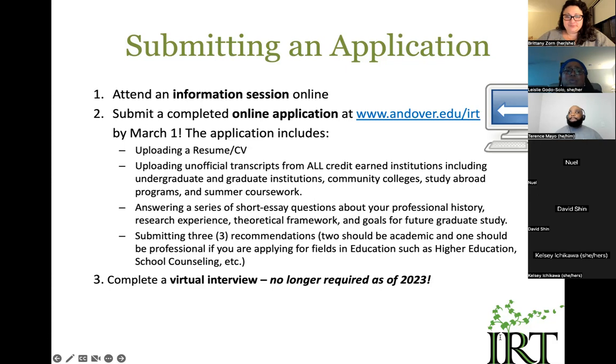And we need transcripts from all institutions, including your undergraduate, any graduate institutions, if you have a master's already, or master's coursework, any community college transcripts, any study abroad, and summer coursework. Particularly with study abroad, a lot of times the study abroad will show up on your undergraduate transcript, but many of the schools will want to see that coursework directly from the study abroad place as well.